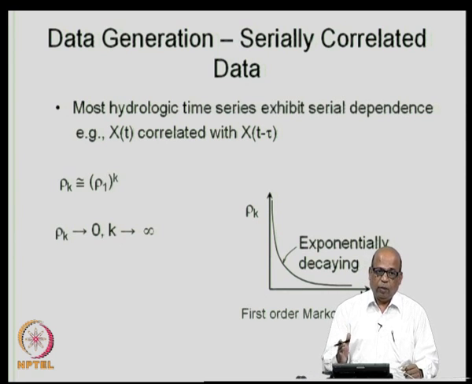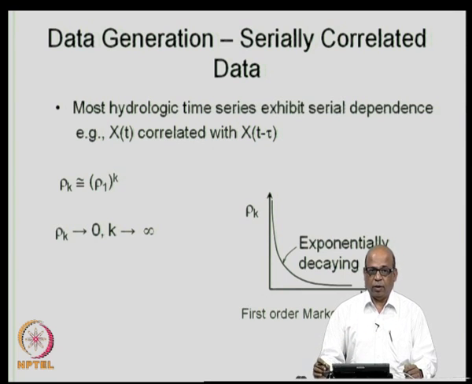So, the data will be serially correlated. The value that you have realized during a particular month will be dependent on the value during the previous month, the value of the same month during the previous year, 2 years before that, and so on. So, these are called serially correlated.